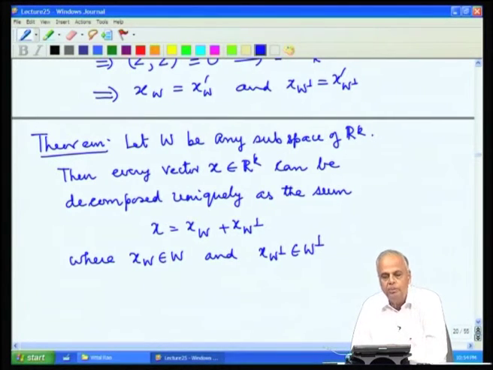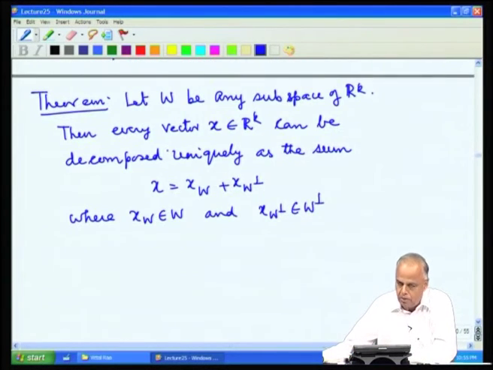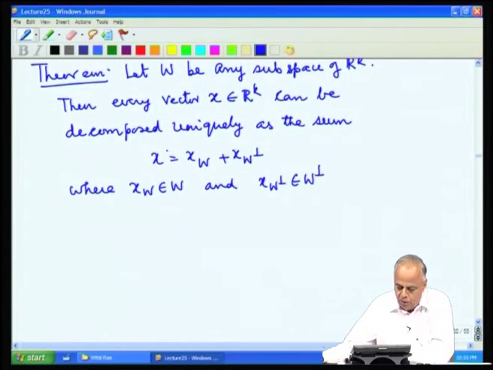This whole decomposition depends on the subspace W with which you start. So, the moment you give me a subspace, there is a breaking up of the vector into two parts, one from W and one from W perp. Okay.